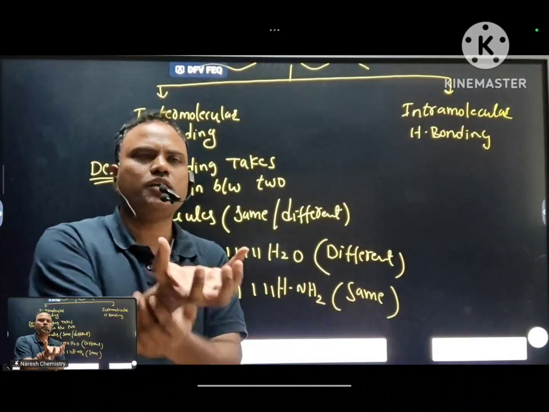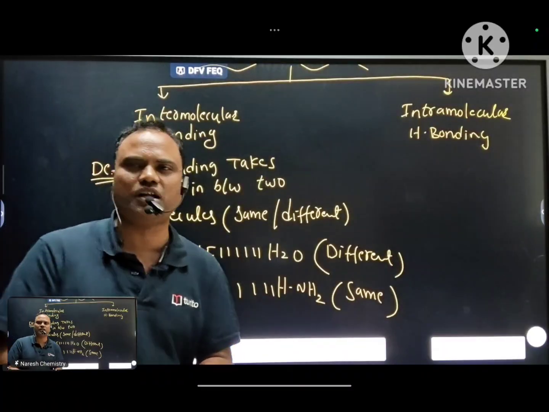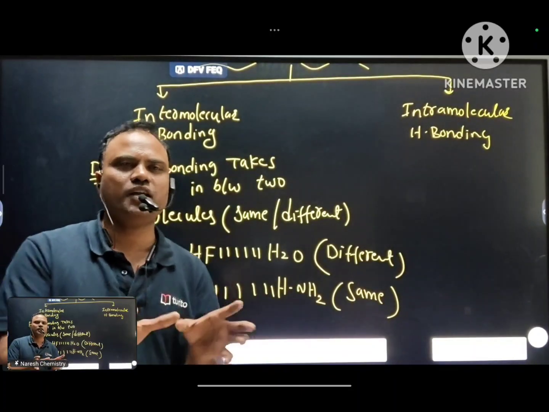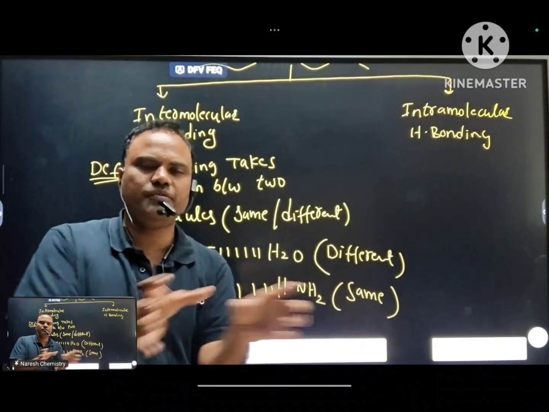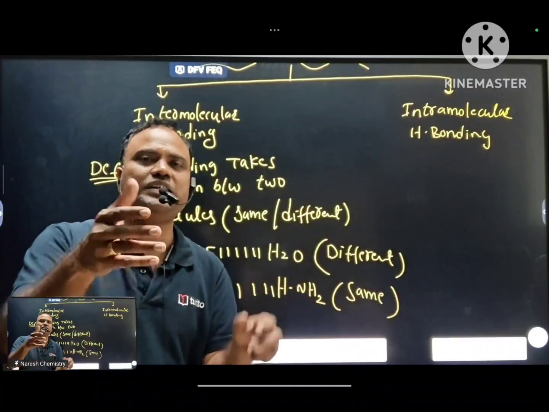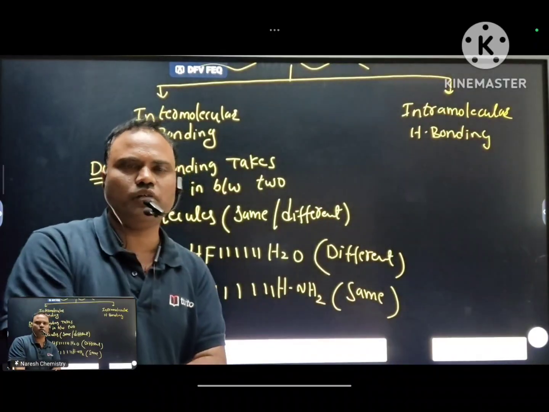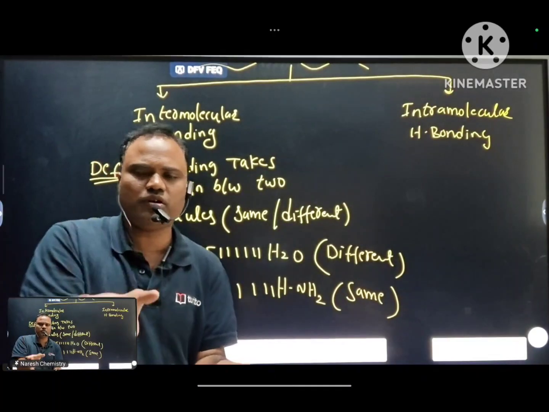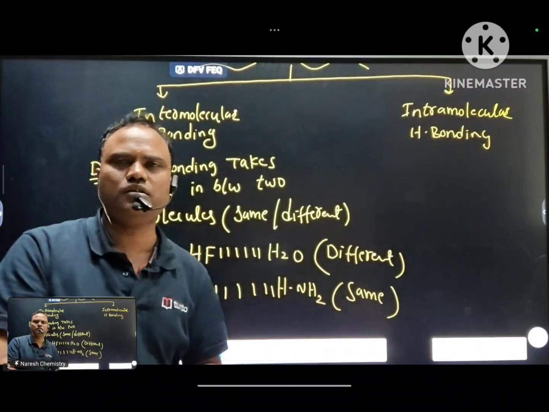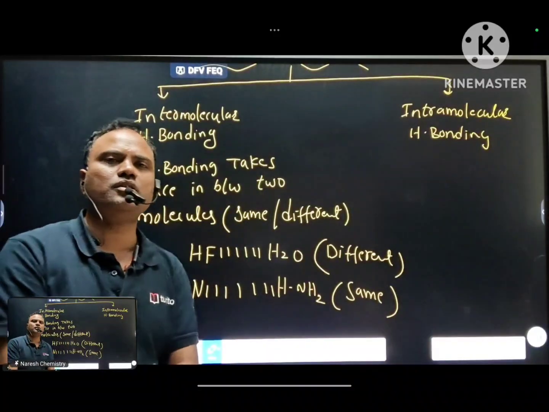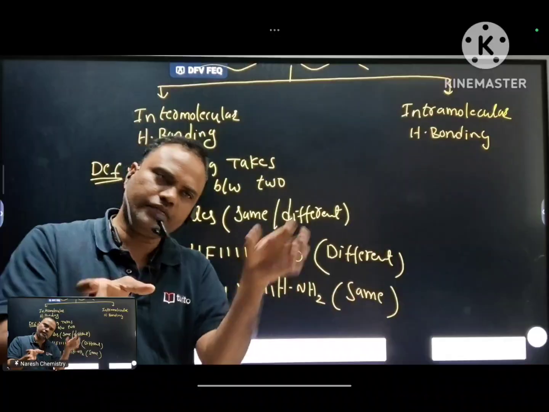I am giving you liquid ammonia. In liquid ammonia, which type of hydrogen bonding is present, inter or intra? So many ammonia molecules are present, and in between two, hydrogen bonding takes place. That is intermolecular. In water, which type is present? This is one water molecule, this is another: two molecules, so inter. The definition of intermolecular hydrogen bonding is between two molecules, maybe same or different.